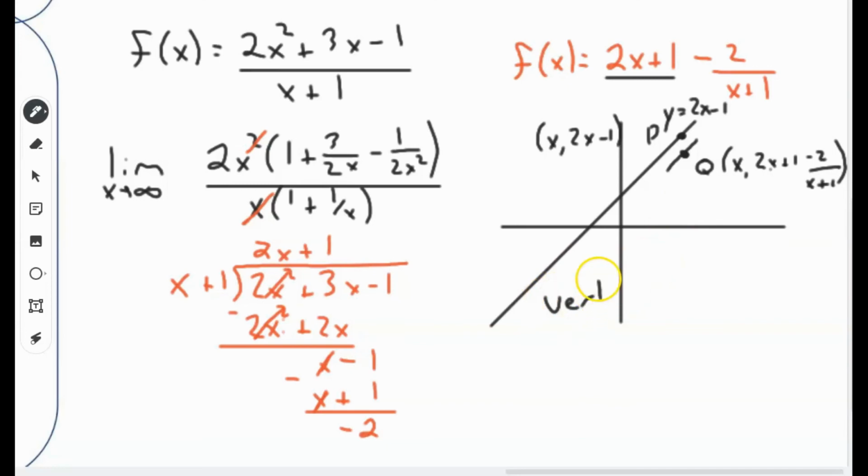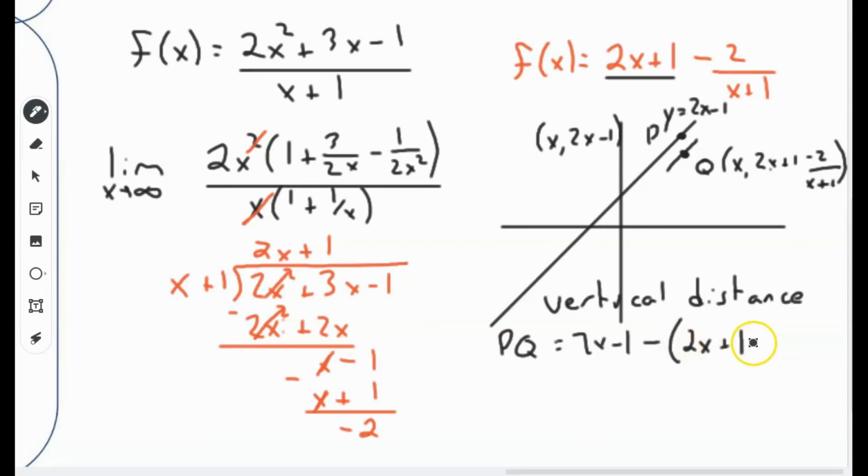The vertical distance between P and Q is just their difference in their y coordinates. So I can write that as 2x plus 1, subtract the y coordinate of Q here, which is 2x plus 1 minus 2 over x plus 1.